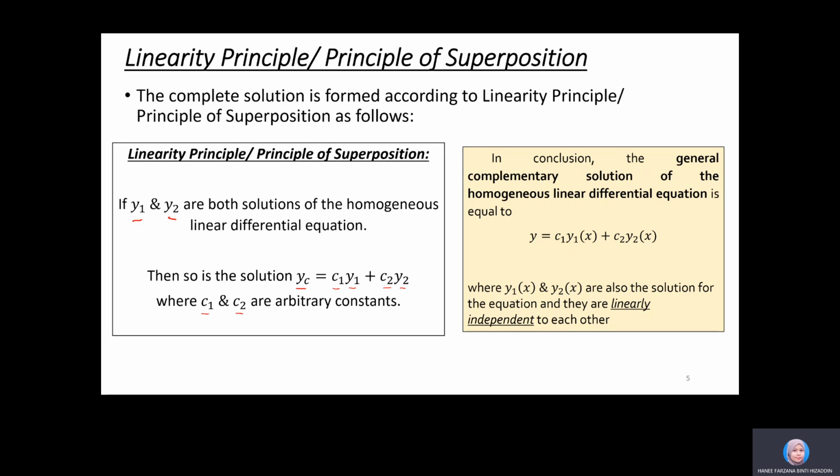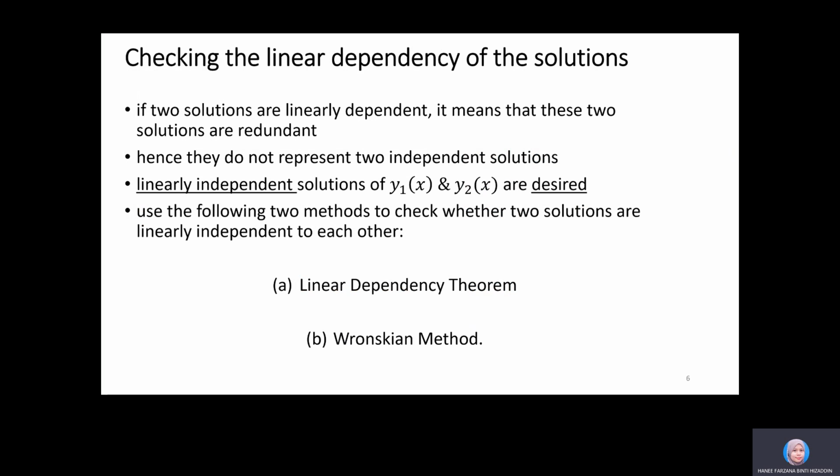So how do we check whether y1 and y2 are linearly independent of each other or not? That we will do in the next steps. Okay, so how to check? If two solutions are linearly dependent, it means that these two solutions are redundant.